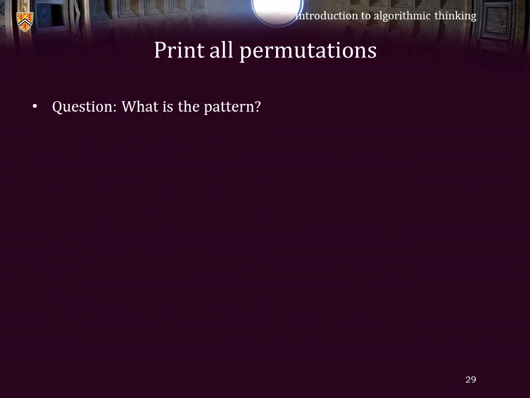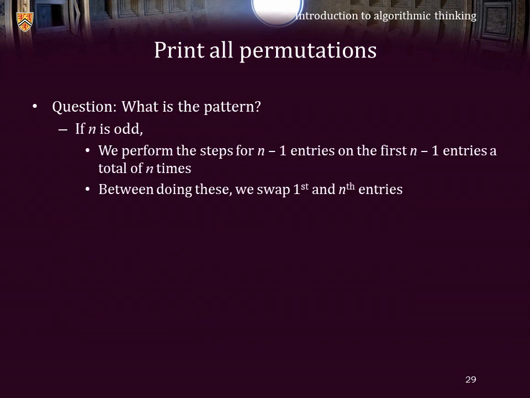Now, what is the pattern? Well, if n is odd, we perform the steps for n-1 entries on the first n-1 entries, a total of n times, and each time we swap between each of these, we swap the first and the last entries.